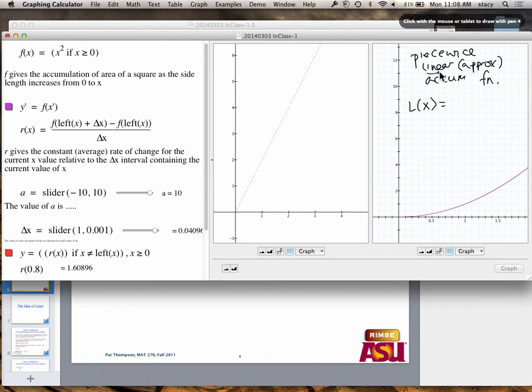Here's your hint. Linear function, okay? So think about it, talk with your neighbor, come up with an equation.